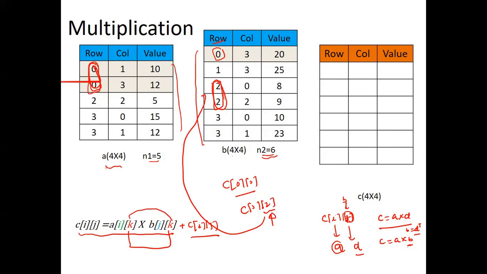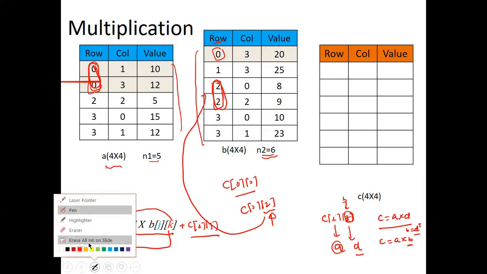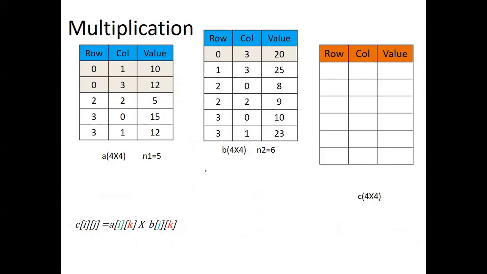Now I'm repeating. Let me just go through this triplet. Now I am telling you what the entries will be. So the possible entries will be, just go for all the possible entries. The first possible entry can be 0th row and 0th column, C00. The second entry can be the 0th row and first column of the final matrix. The third entry can be the 0th row and second column.